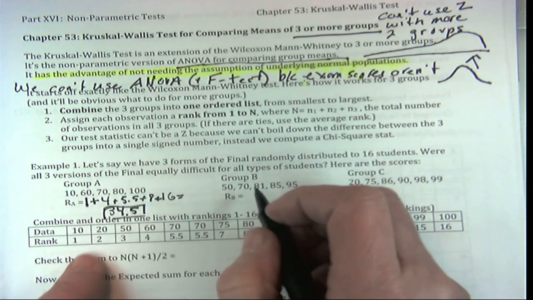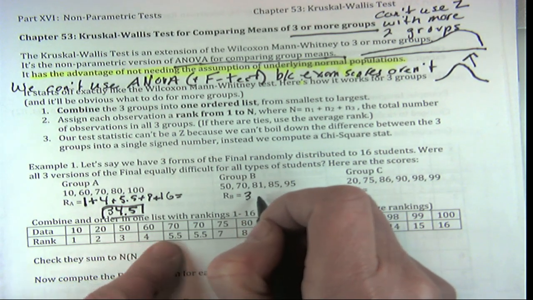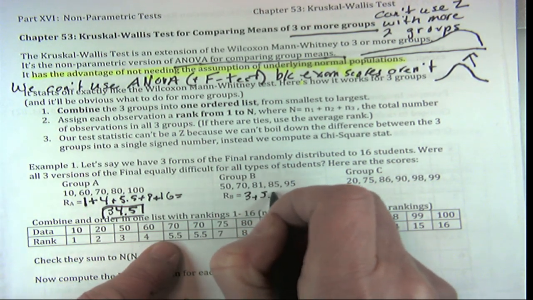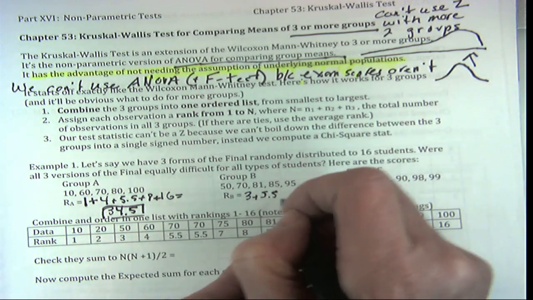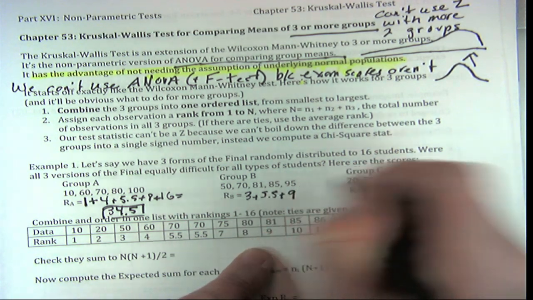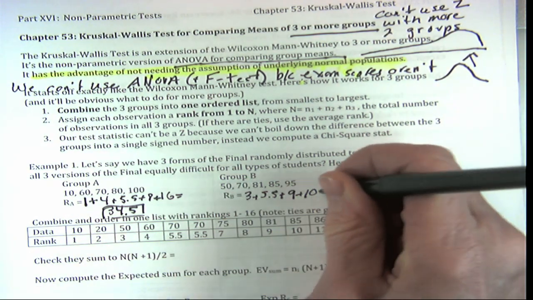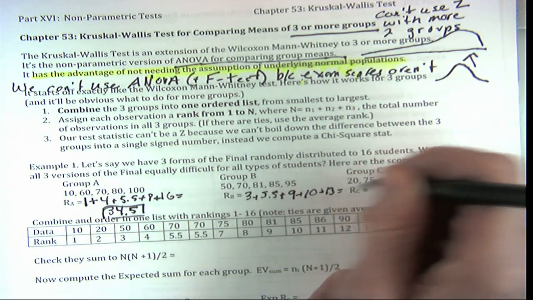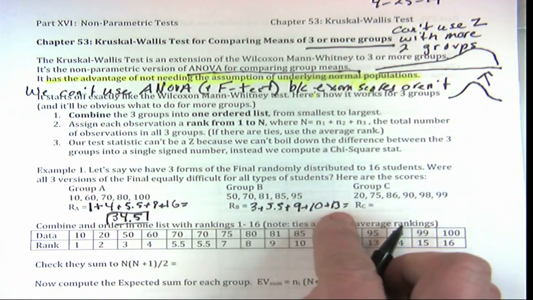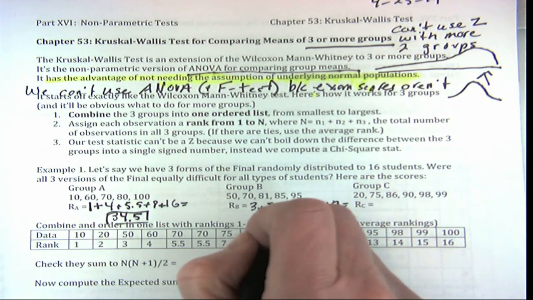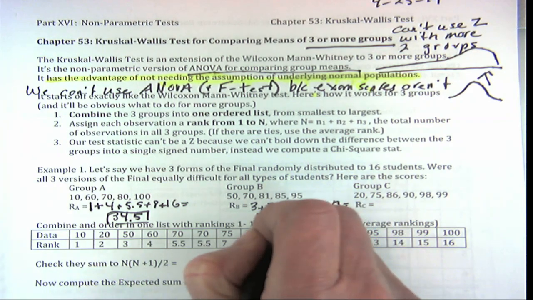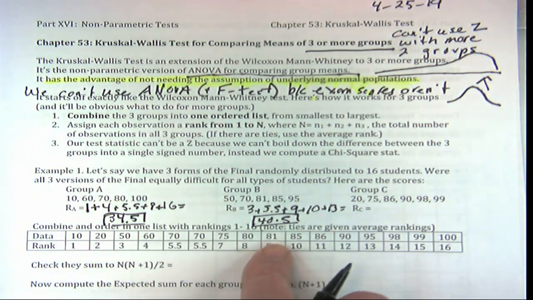So for B, what do we have? We have 3 plus 70 is 5.5. 81 is, tell me if I make a mistake, 9. 85 is 10. And 95 is 13. Okay? And I add those all up, and I got 40.5.